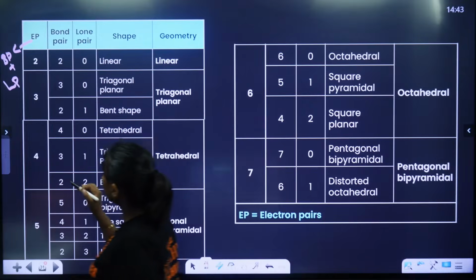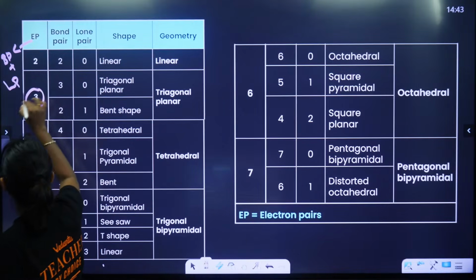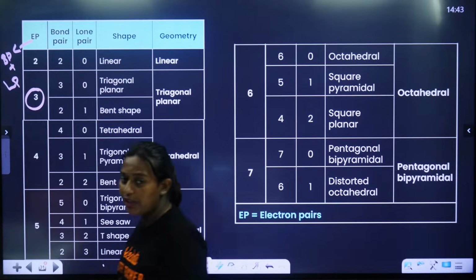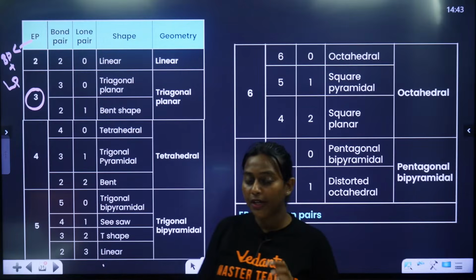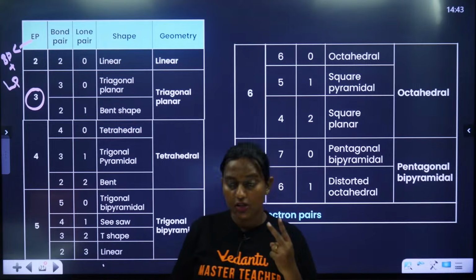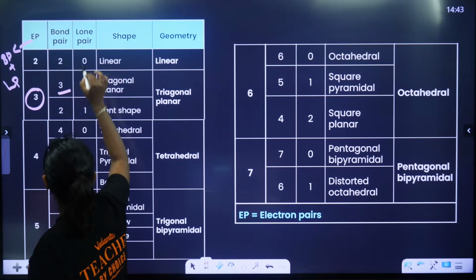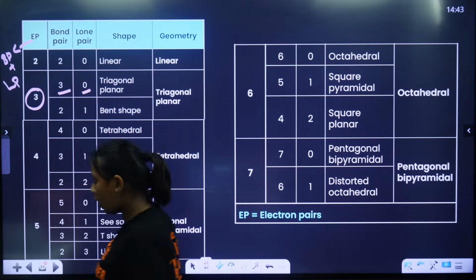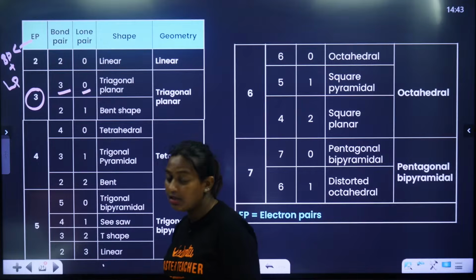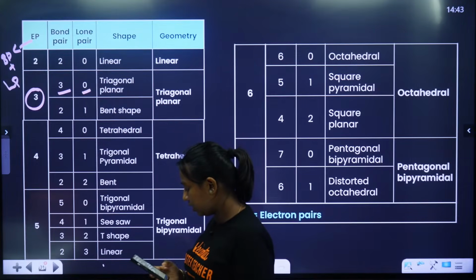Next, EP is 3. When EP is 3, there are 2 different cases. In the first case, bond pair is 3 and lone pair is 0.